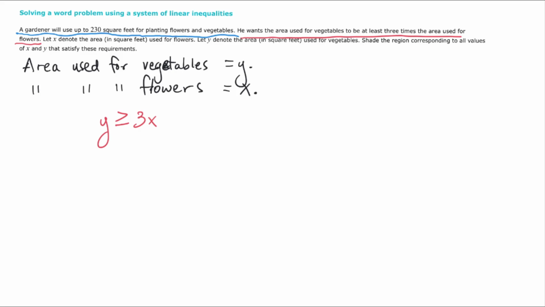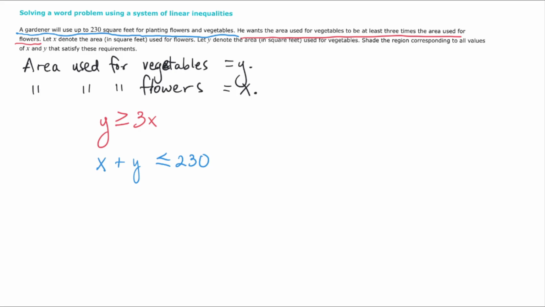Well, that just means up to. What does up to mean? x plus y can't be more than 230 feet, so it'll be less than or equal to 230 square feet.